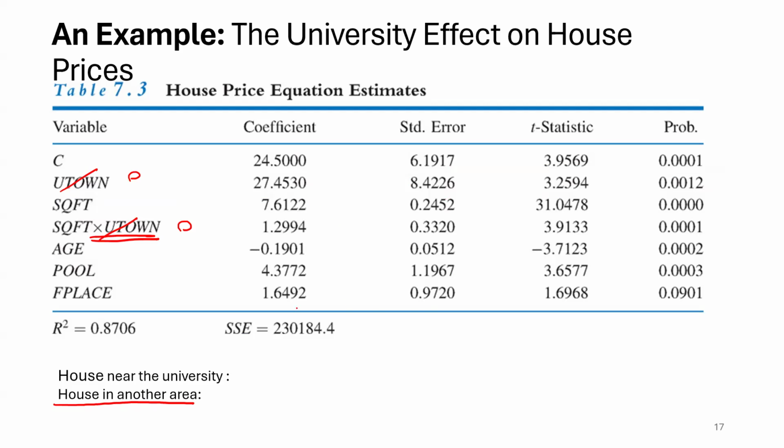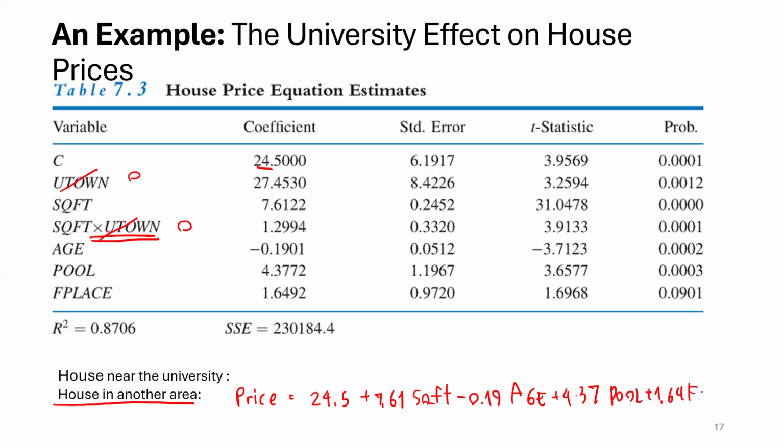This means the equation becomes price equals 24 plus the pool term plus the fireplace term plus 7.61 square feet, minus the age term. So you understand it clearly.